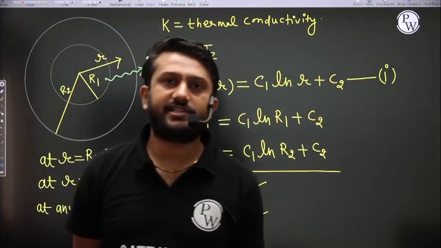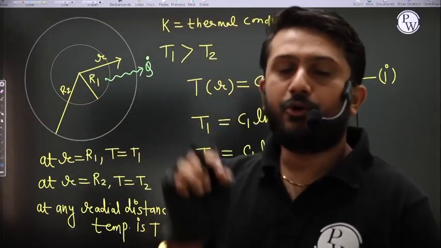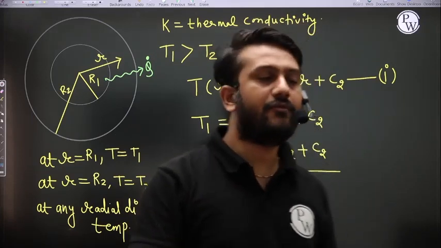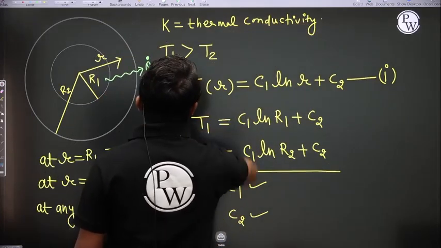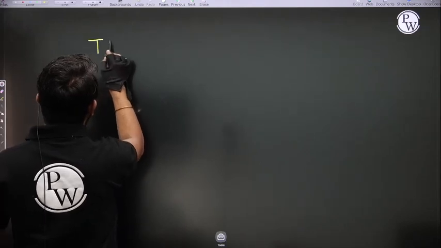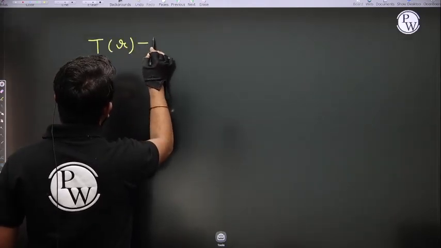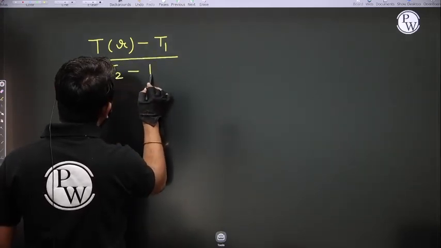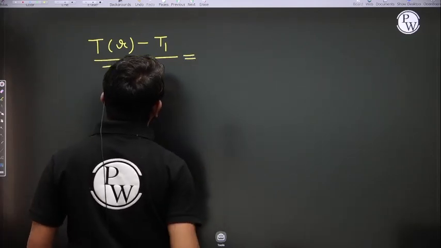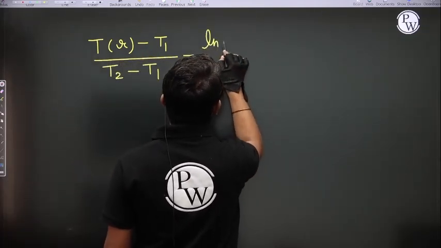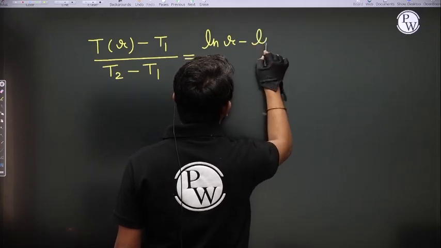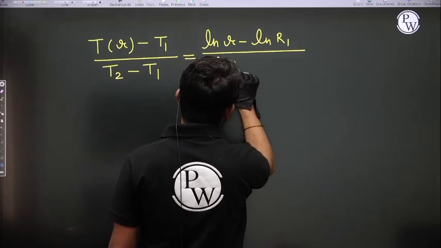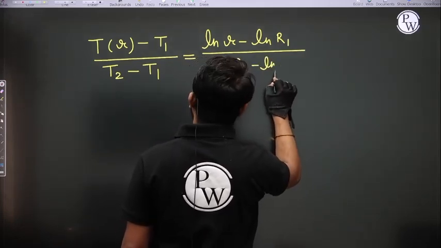After putting C1 and C2 in equation number 1, what you get I am writing directly here: T of R minus T1 upon T2 minus T1 is equal to ln R minus ln R1 divided by ln R2 minus ln R1.